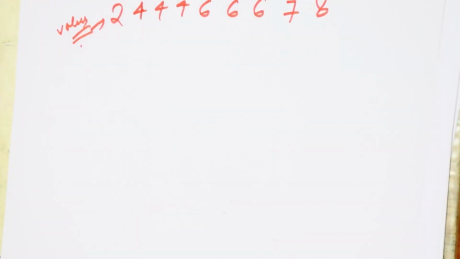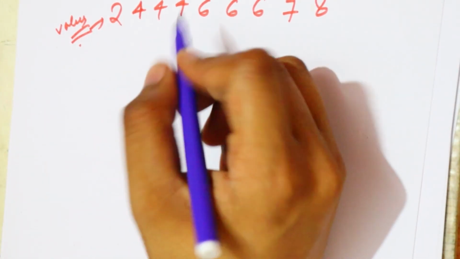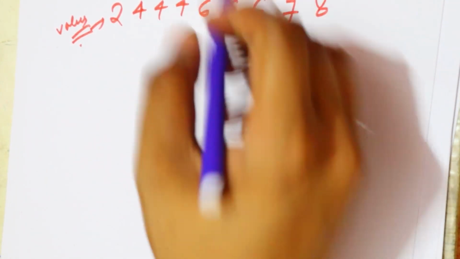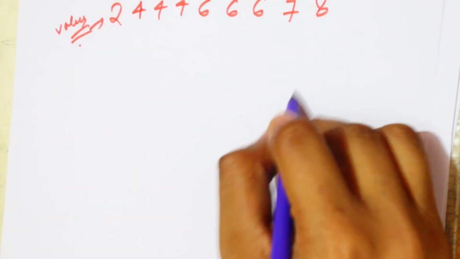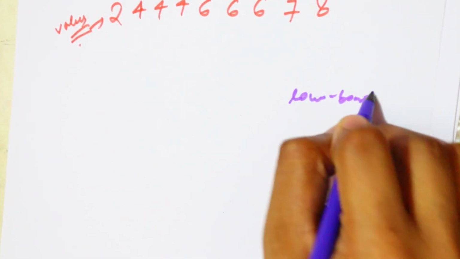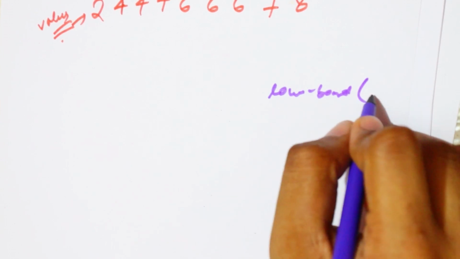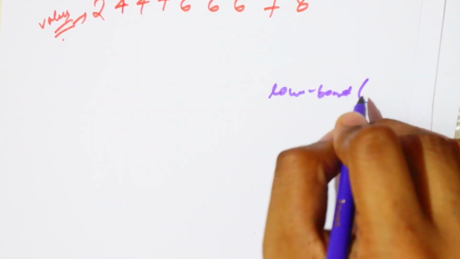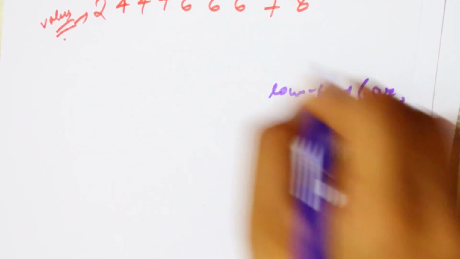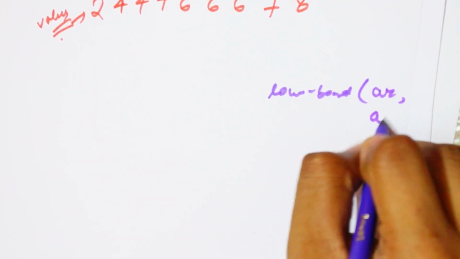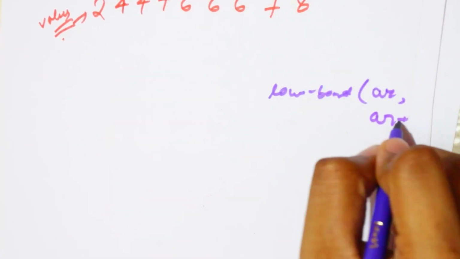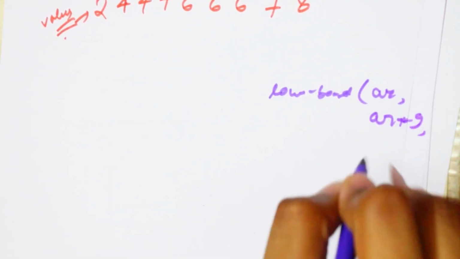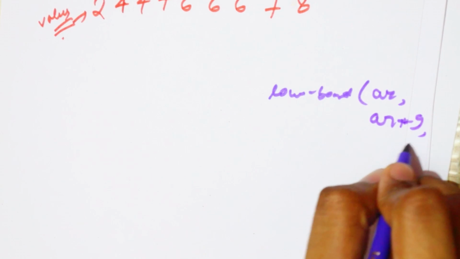What the iterator will do is, see, if I want to search lower bound, suppose it is a vector or an array, so AR, then AR plus the size, which is basically 9, and I will pass the value, suppose I want to search 6.